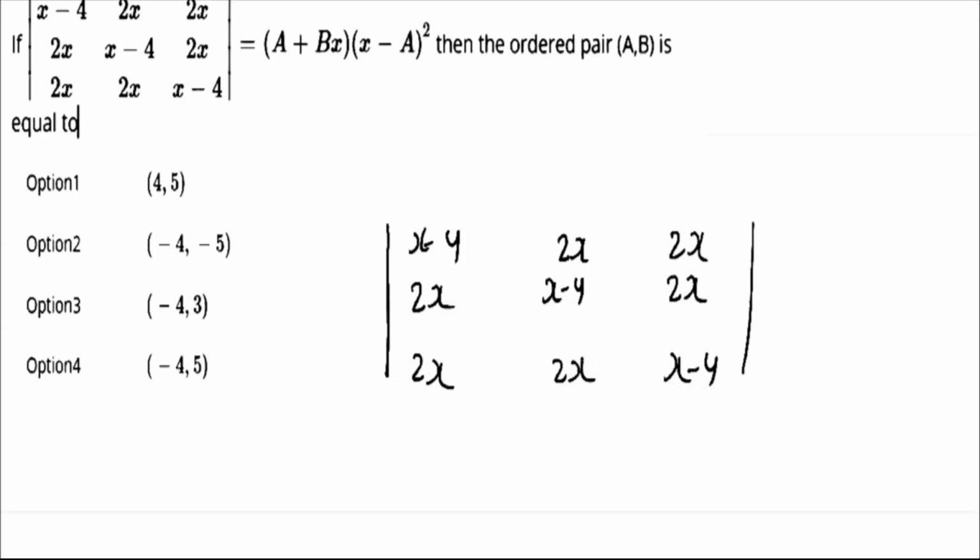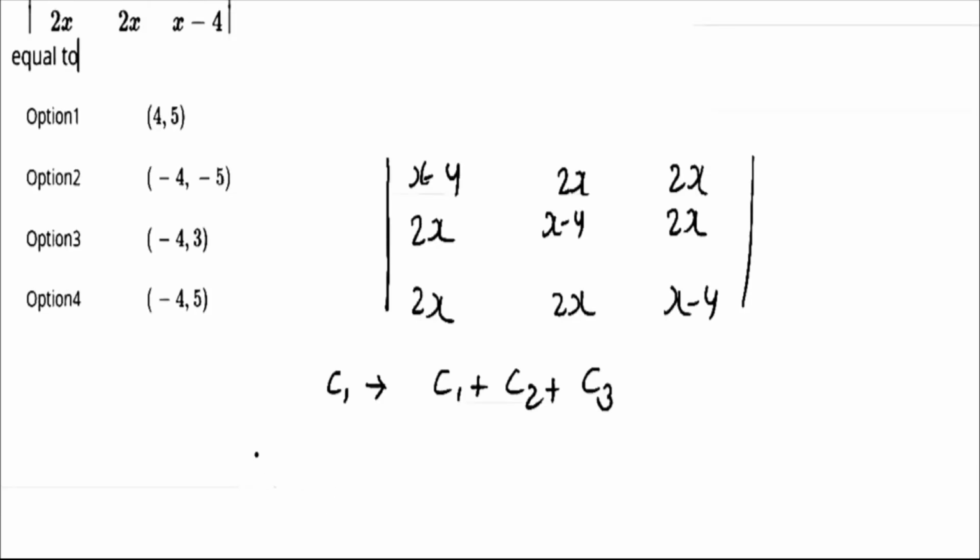So just apply some properties of determinant in this question. So we can write C1 as C1 plus C2 plus C3. So x minus 4 plus 2x plus 2x is 5x minus 4.